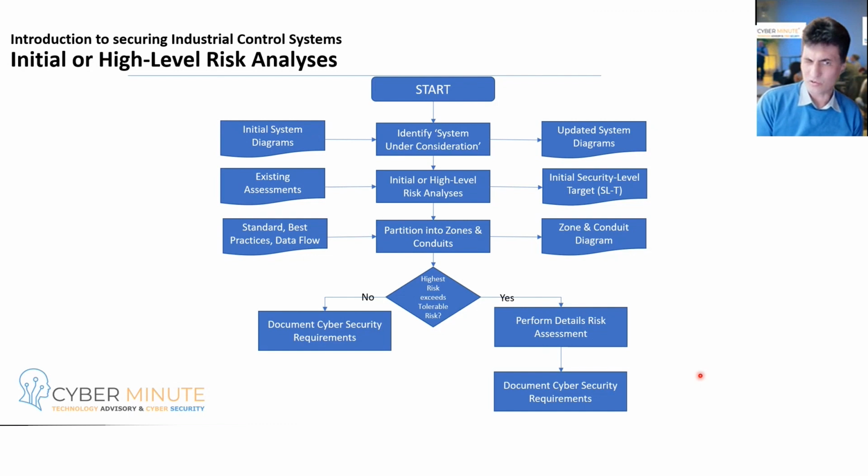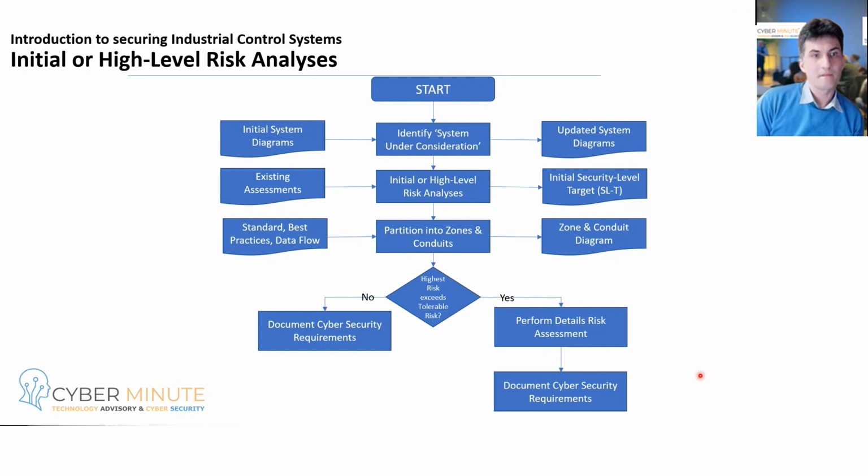But typically, there's also a whole process of safety analysis that has been done, process hazard analysis that has been done. In some cases, even environment impact analysis that has been done. So there's this whole existing information that we typically already have that we should optimize for our initial risk assessments.